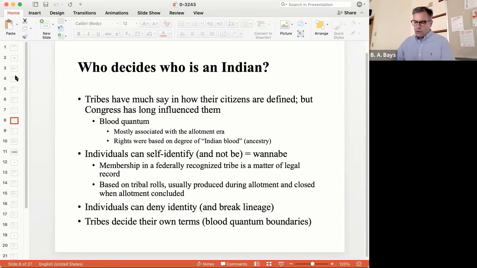Today, percentages generally aren't that important, except for the fact that some tribes, like I said, define their own blood quantum cutoff, if they even have one, and like the Cherokee Nation, I don't think even has a cutoff at all. If you can trace your ancestry to someone on the rolls, then you can receive tribal citizenship.